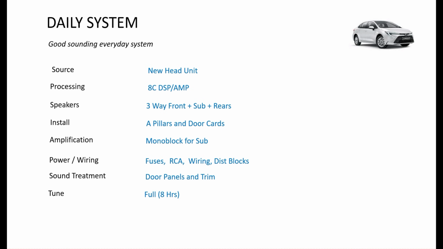And then you're going to do the tune. Now it's an 8 speaker system, so you're going to need a full tune. That's probably going to take a day to do, and you're going to do all of this work yourself, except the pillars, because the mids and tweeters on the pillars is quite a complicated setup, and it's going to be really difficult to wrap.